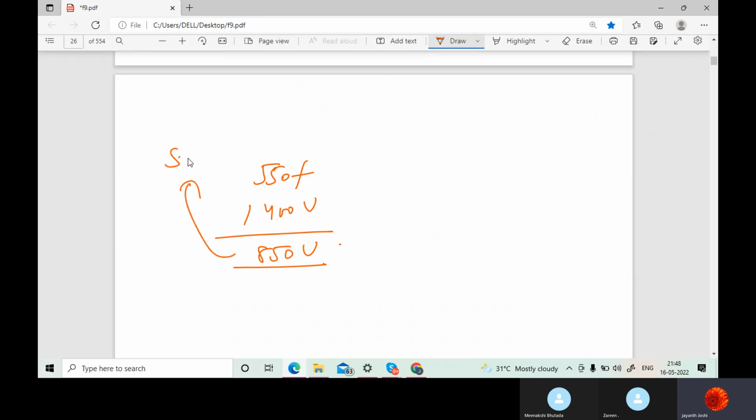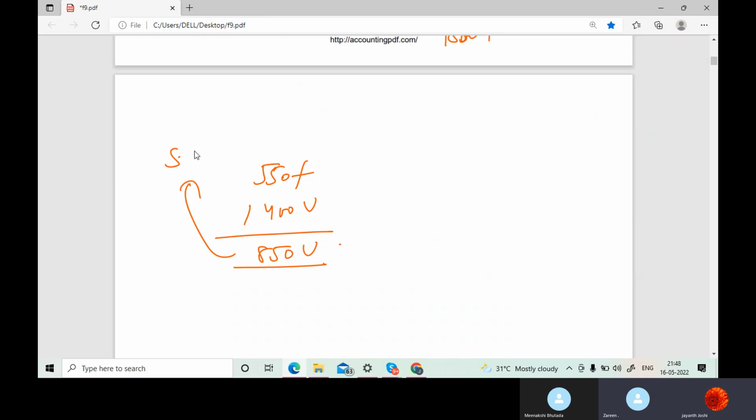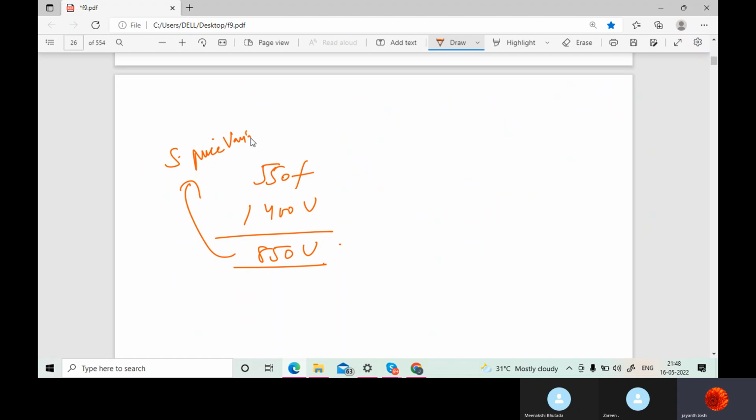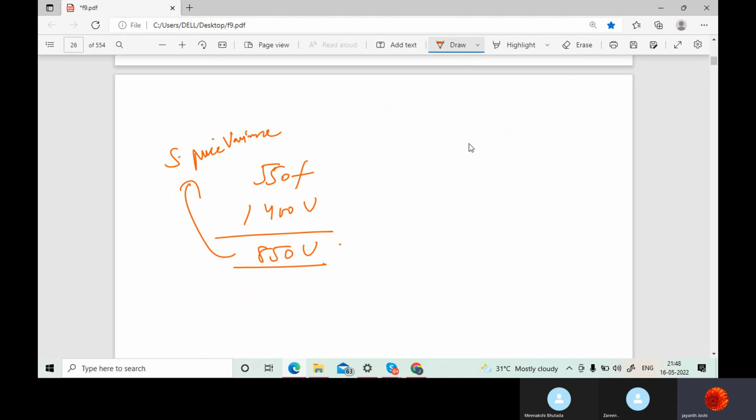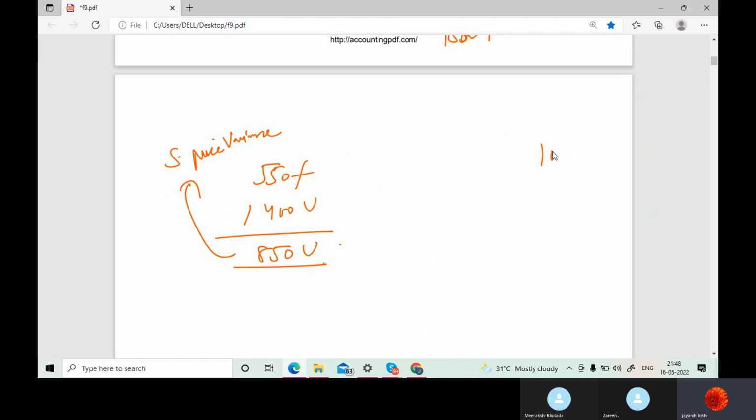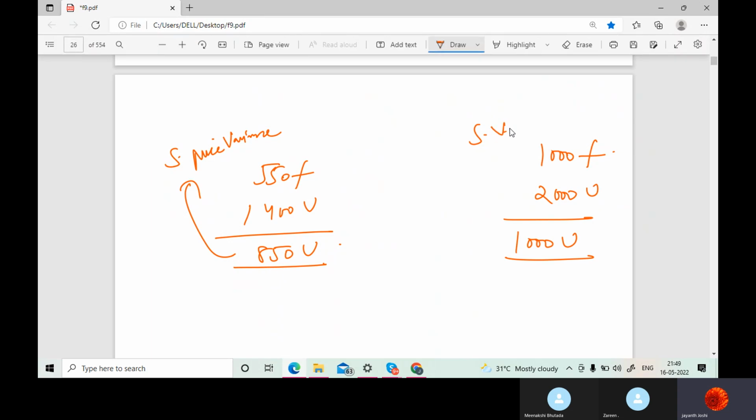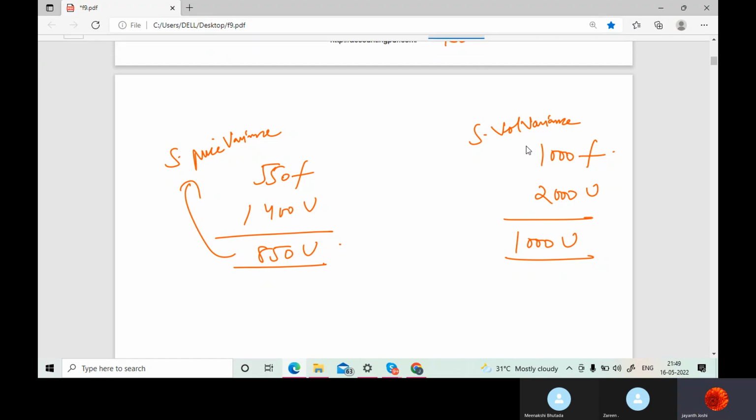Sales price variance was 1,000 favorable and sales volume variance 2,000 unfavorable, so 1,000 unfavorable in totality for both. So this is what the sales variance is all about.